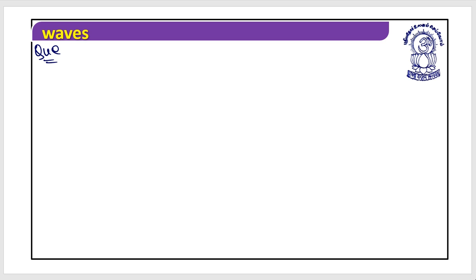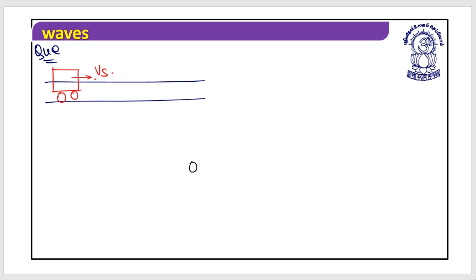Let's suppose the situation is that this is the road, and one of the cars is passing along this road, moving with speed vs, and the observer is here at a distance like this.